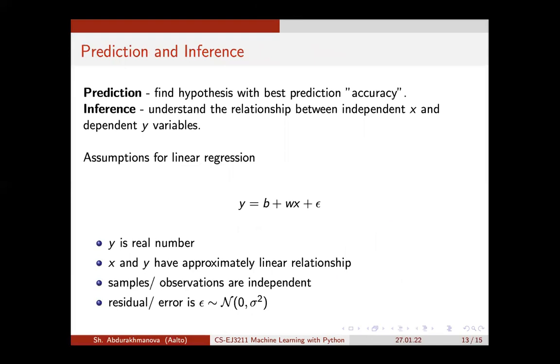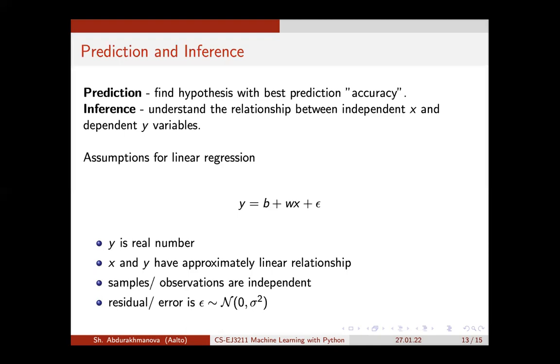And I also wanted to make a distinction between prediction and inference. Prediction is trying to find the hypothesis which will have the best accuracy, or will give the best predictions.